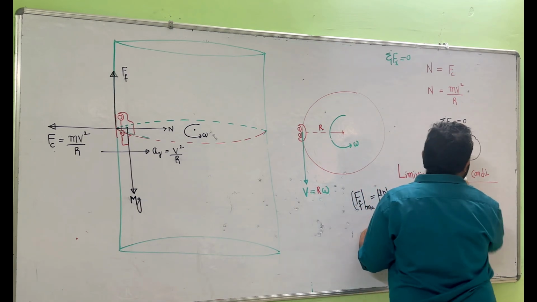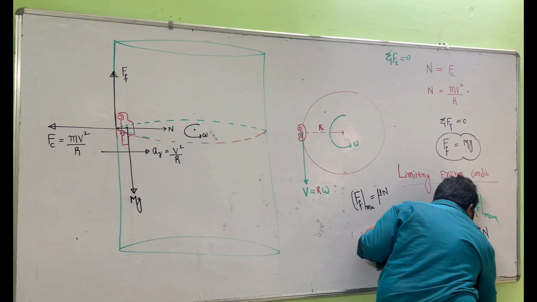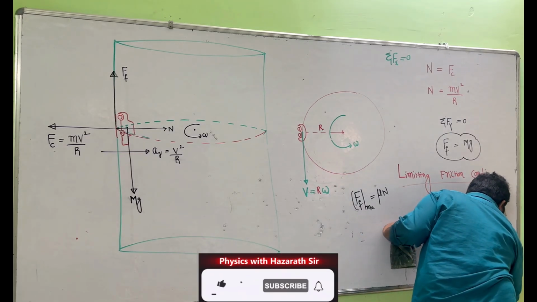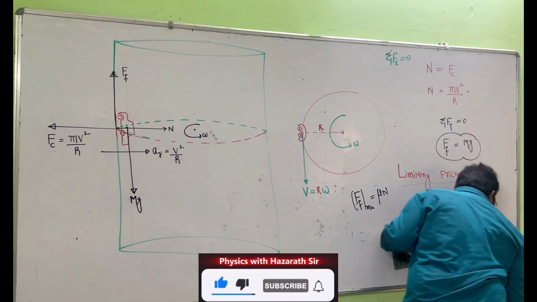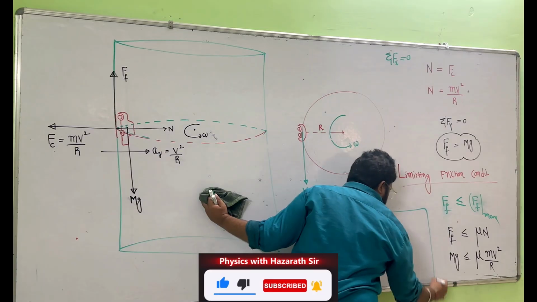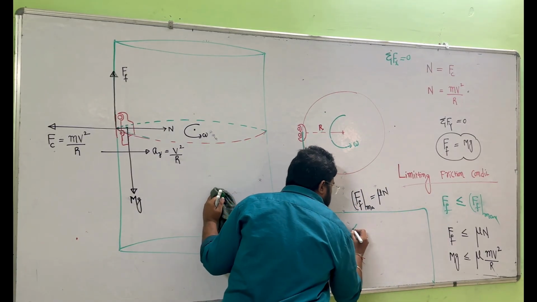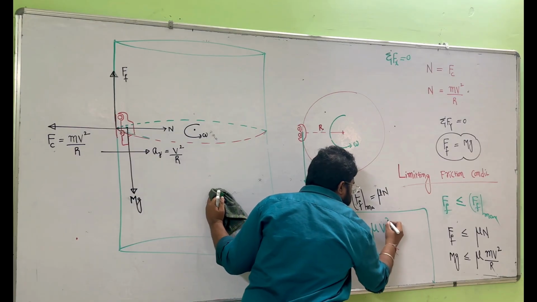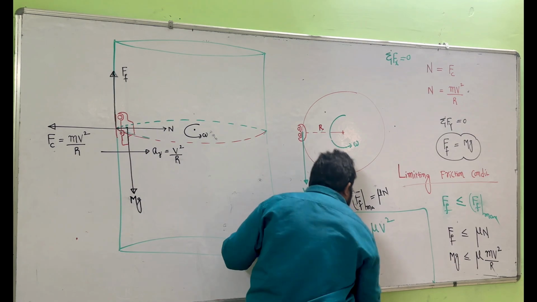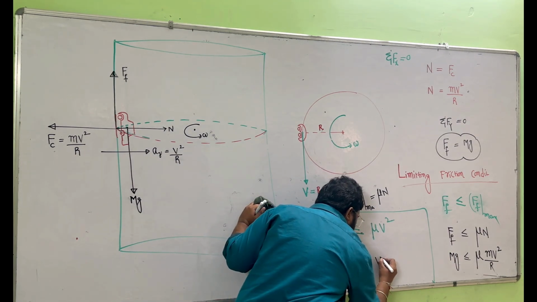What is the frictional force obtained here? mg. What is the normal reaction obtained here? mv² by r. m gets cancelled out. Then what is obtained? rg is less than or equal to mu into v². So v² is greater than or equal to rg by mu.